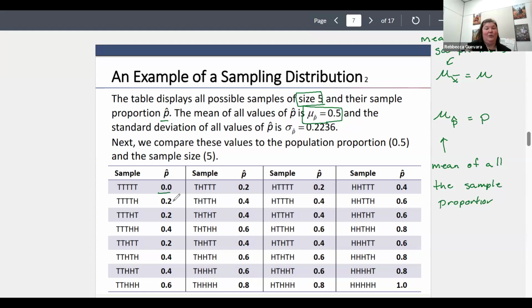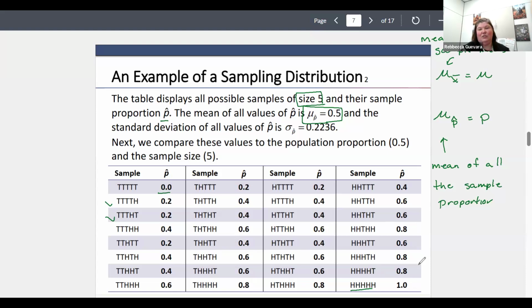We could get 1 head, so 1/5 or 0.2, which we see here and here. We could have 2 out of 5, so 0.4 would be my proportion. We could have 3 out of 5, so 0.6 would be my proportion. We could have 4 out of 5 be heads, which will be 0.8 as my proportion. And we're going to have here all heads, so we'd have 1.